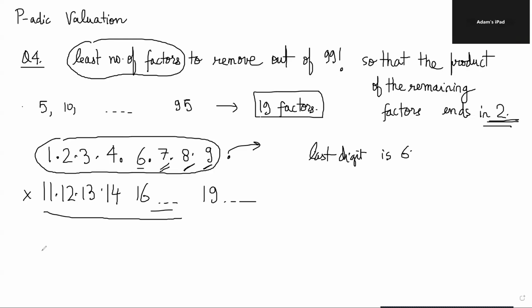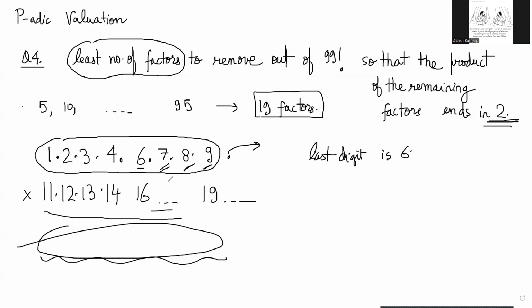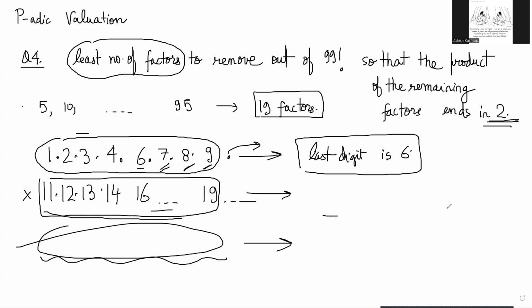So we can see clearly that we can do this multiplication by doing partial multiplications also, right? You don't have to multiply all of them. You can multiply just this group and say it's a number ending in 6. This group is a number ending in 6, right? So actually all the groups are ending in 6.